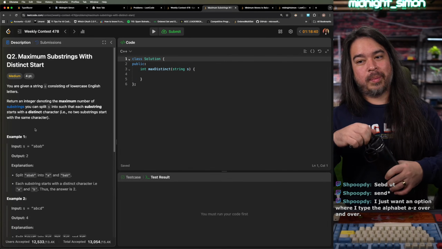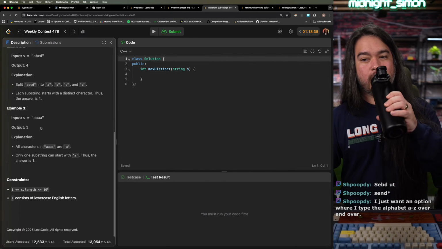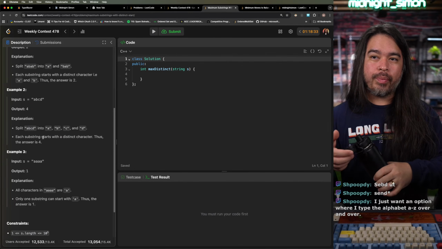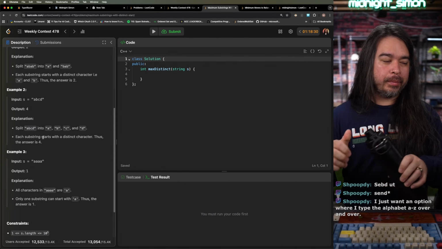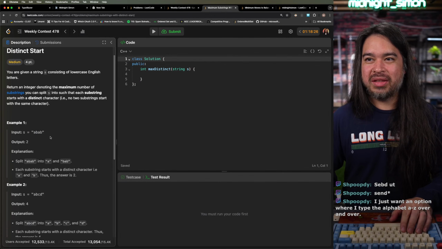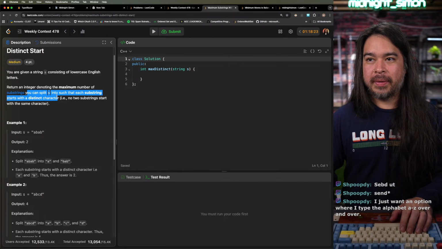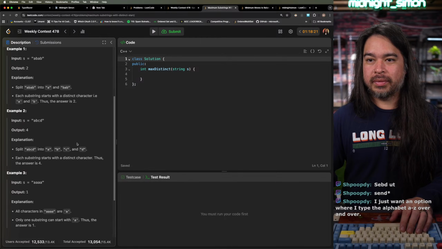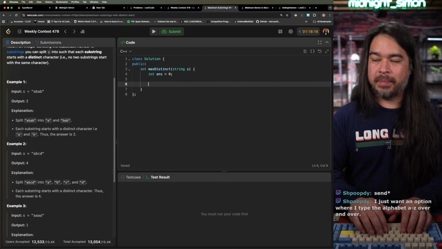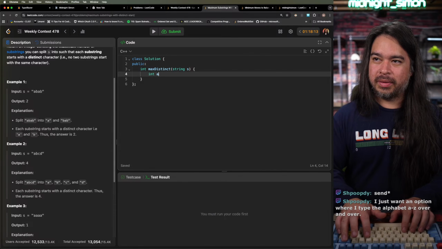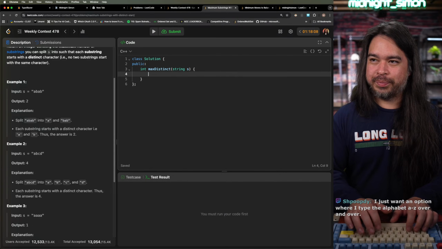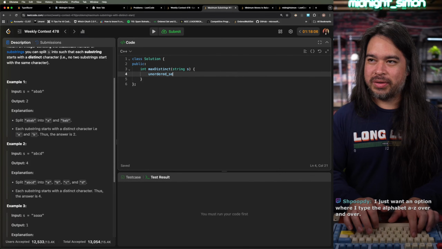Huh. Interesting. Is it just the count of unique characters in there? Maybe. Should I just... Man, why am I so slow? Should I just use a set of chars?